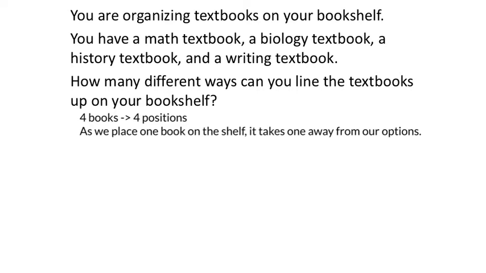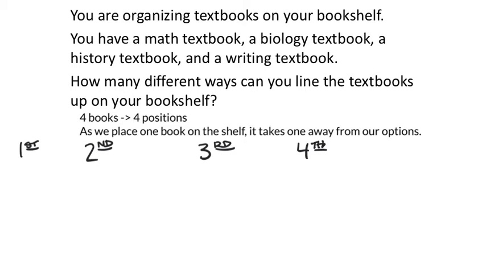Starting as far to the left as I can go, I'd have the first position. Then I would have the second position. Then the third position. And then the last book, since we've already placed all the other 3 books, the 4th position here is automatically going to be the one final book that remains.